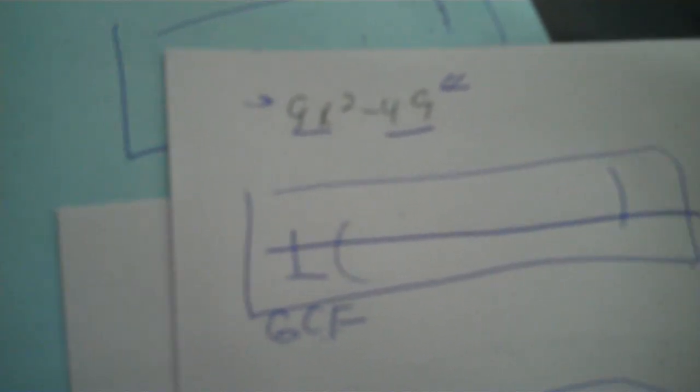Okay, now DOPS. This has to be positive, this has to be negative. Okay, positive, negative, we're good. Now, the first term, 9x squared. Well, 9 is a perfect square, that's 3 times 3. X squared is a perfect square, that's x times x.